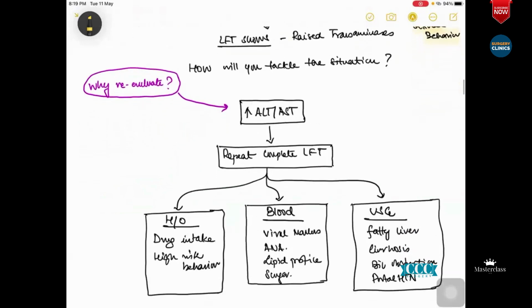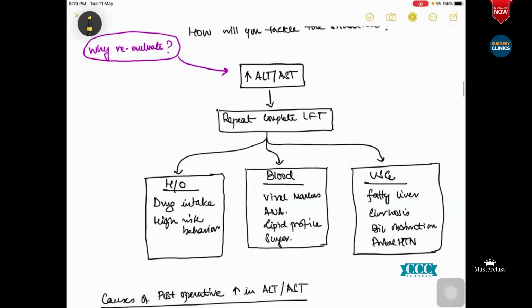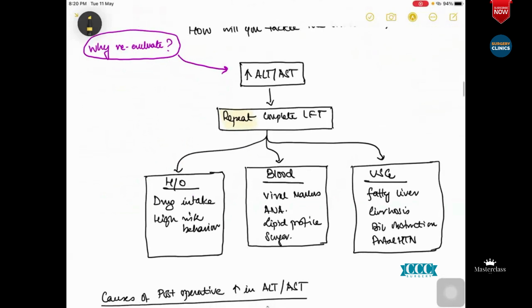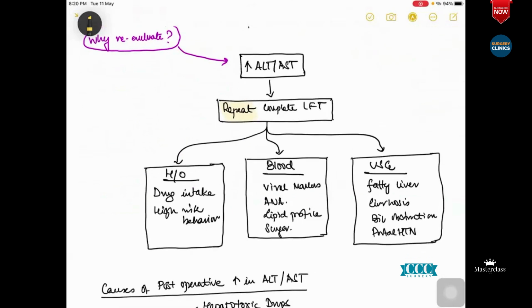So how we are going to tackle this is that you check your ALT and AST, and you repeat it, maybe once or more than once. There can be an error of sampling, and there can be an error from the analysis by the autoanalyzer. Now you also take a drug history, and the high-risk behaviors.